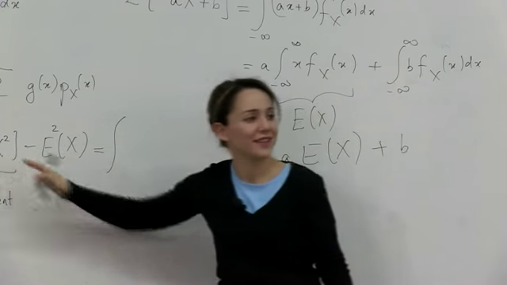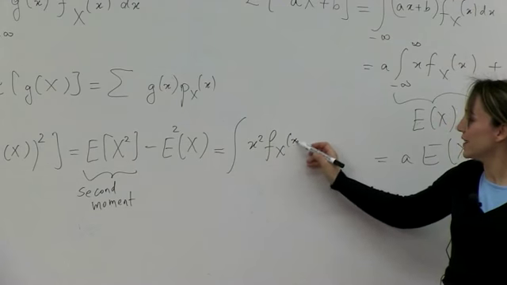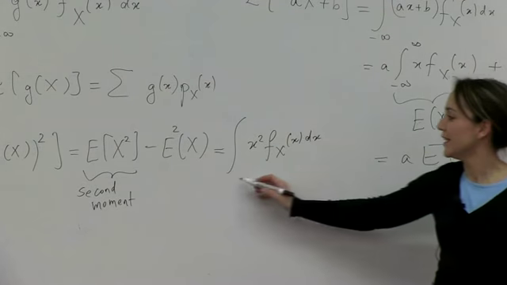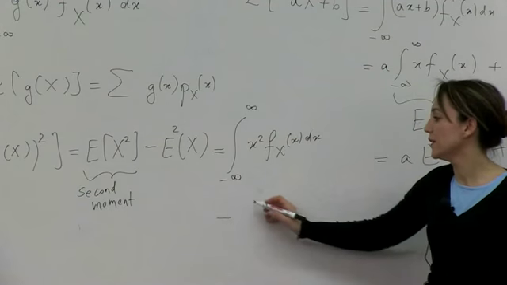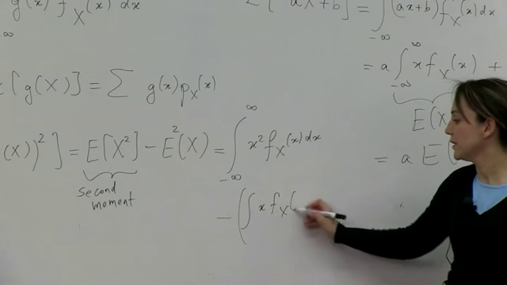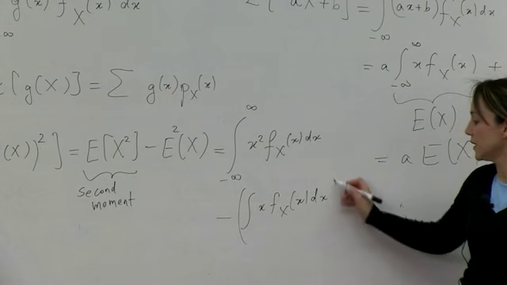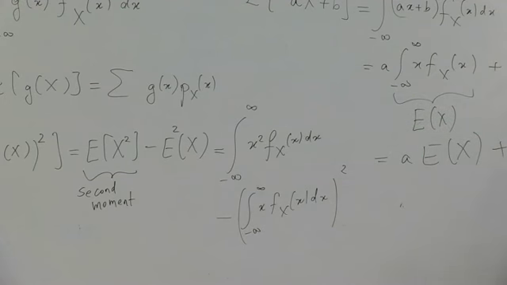X squared times f_X(x) dx from negative infinity to positive infinity, minus the square of the integral of x f_X(x) dx from negative infinity to infinity.